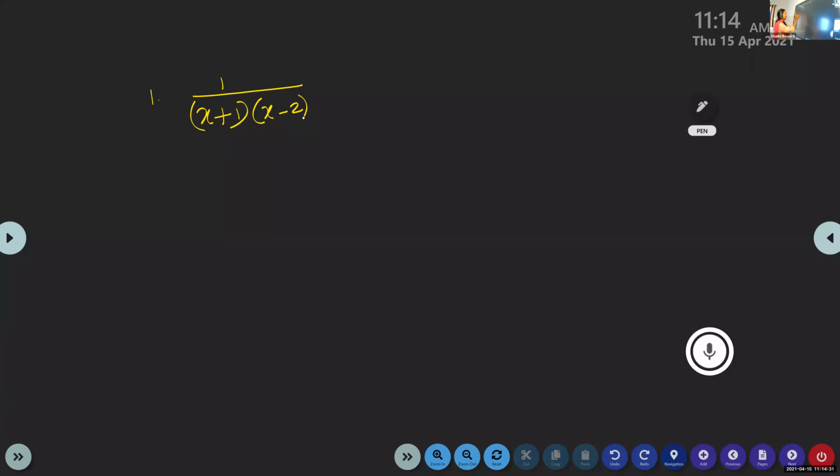If you take the degree, the degree of the denominator is 2, isn't it? When you expand it, you get x square plus 2x plus x minus 2. So here the degree is 2, but the denominator is expressed as a product of linear factors.